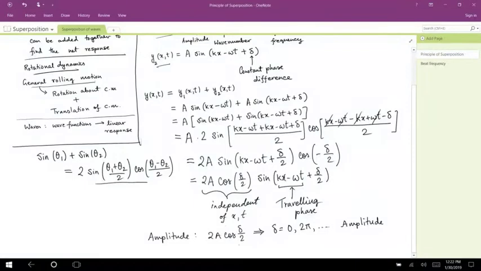So the factor of negative will not matter. The amplitude is simply the magnitude of this quantity. So I should have written this. So the magnitude of that quantity is the amplitude.